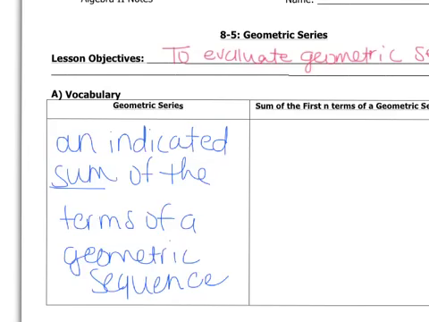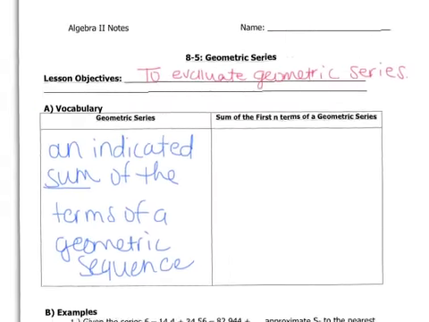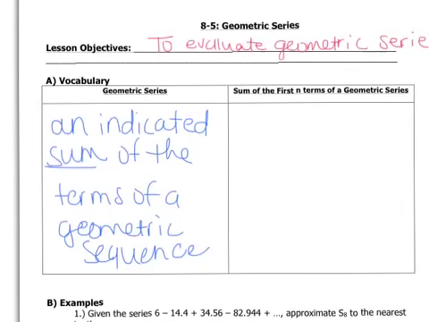Your sequence is your list of numbers. Your series is your sum of a certain amount of those. All right, we have one more formula. And this formula will find the sum of any number of terms of a geometric series.